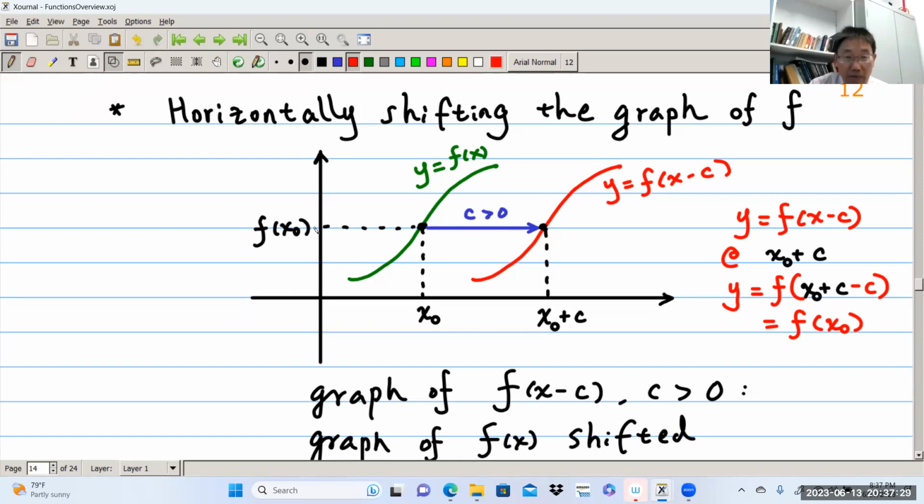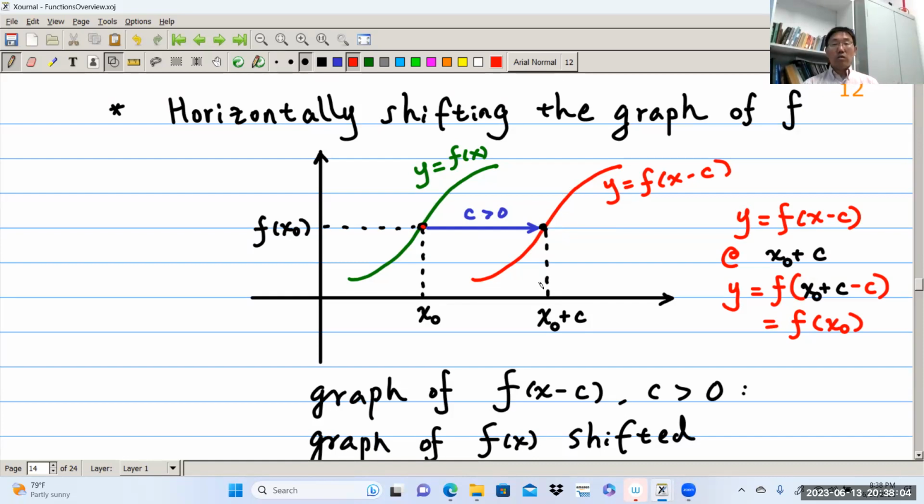But if you want to get this same f of x naught as the output on the red curve, you need to use x naught plus c as the input, because this new function is f of x minus c. You need to increase your x naught by c. Then you subtract c, you get the same x naught for f, so you get the same output. That's why any point here has a corresponding point there, separated horizontally by c units if c is positive.